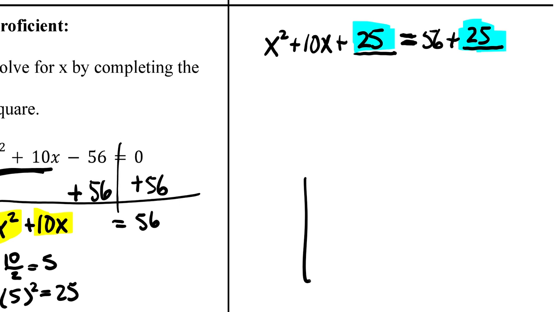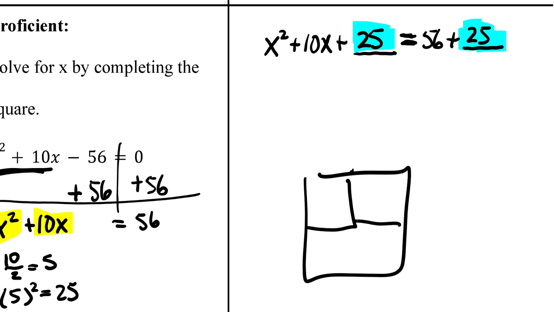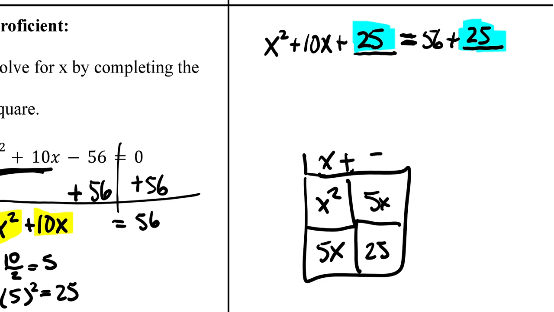And again, to go back to that example, here's 5x, and here's my x squared, and here's 5x. If this is 25, okay, now what are the dimensions that make this? Well, this is x plus 5 and x plus 5.